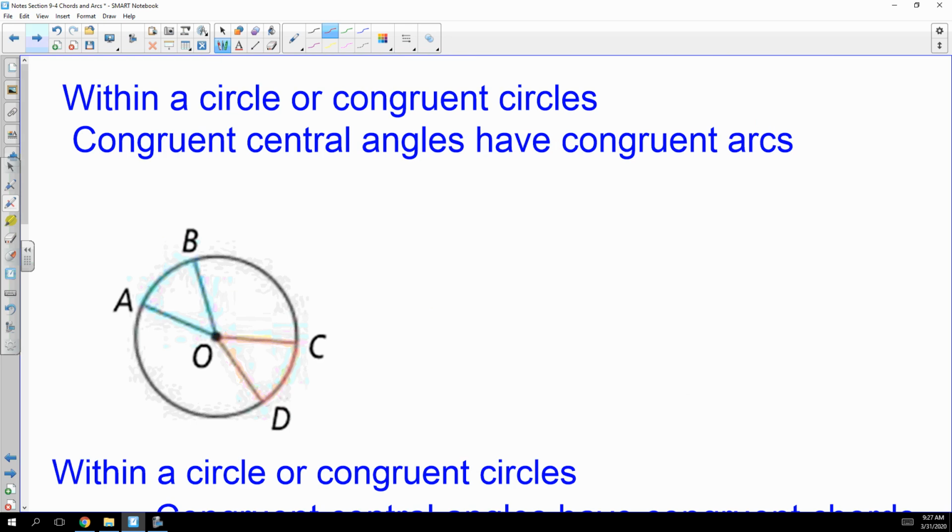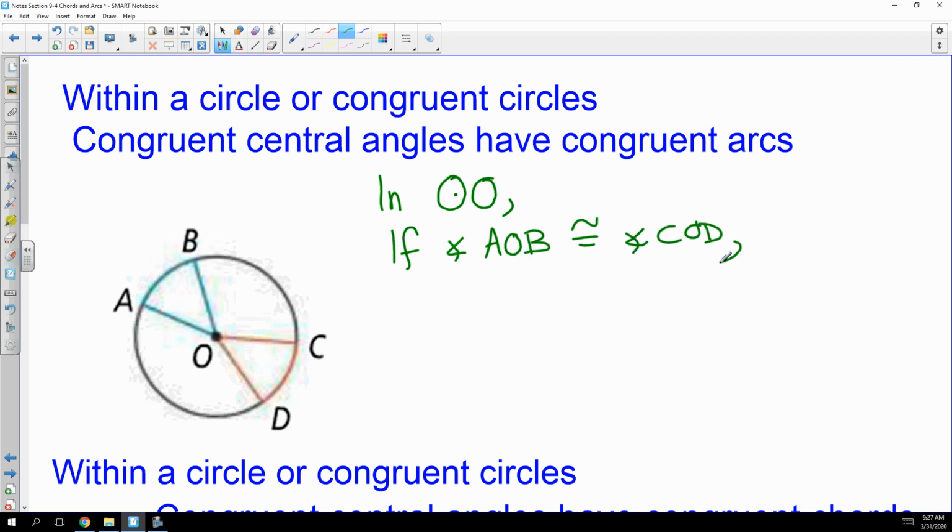And another postulate or theorem. Within a circle or within congruent circles, congruent central angles have congruent arcs. So in circle O, that's how we would name that circle, if angle AOB is congruent to angle COD, then arc AB is congruent to arc CD.